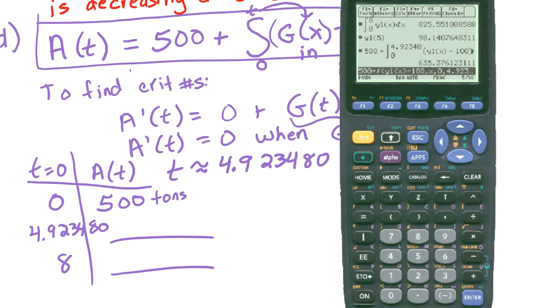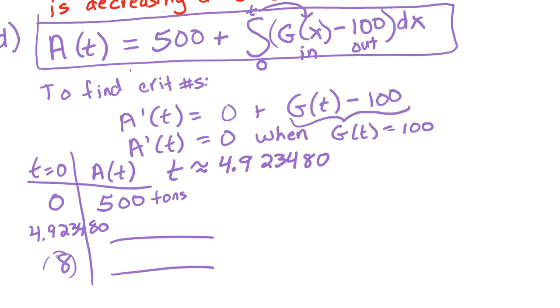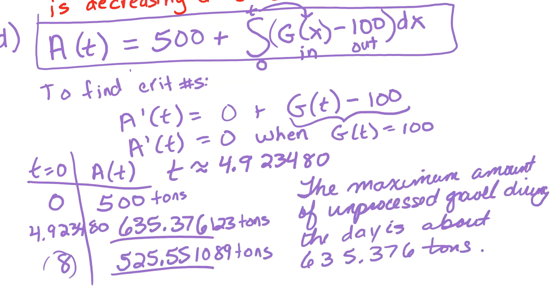So this gives me the amount of unprocessed gravel, 635.376, and then I'm going to come back to my calculator and I'm just going to change that upper limit to an 8 to find this other value. So I'm going to pause and write those both in. So I've written in those 2 values, and it's very important that you realize that you would not get the points for this problem if you didn't show that you tested the endpoints and the critical number.